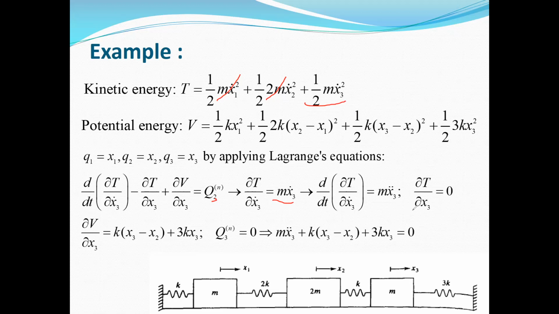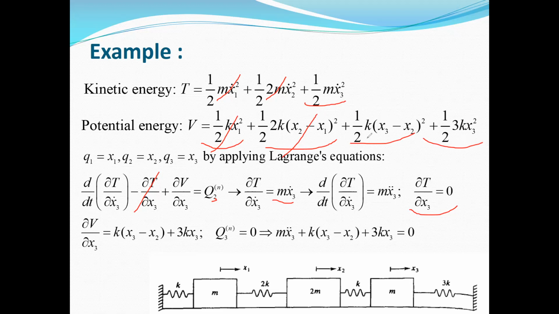So again, this term is 0 and it will disappear in the Lagrange equation. For the partial derivative of V, or potential energy, with respect to x3, the first term is not a function of x3, the second term is not a function of x3, and only the third and the last one will be considered in this derivative.